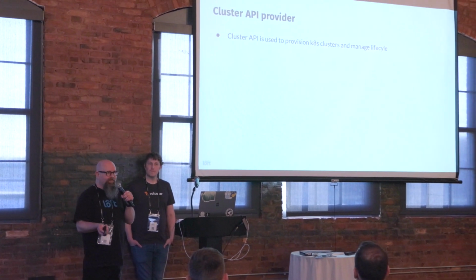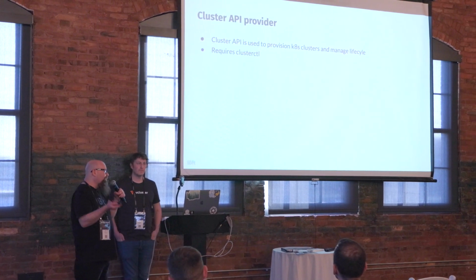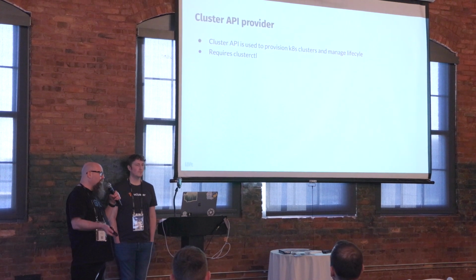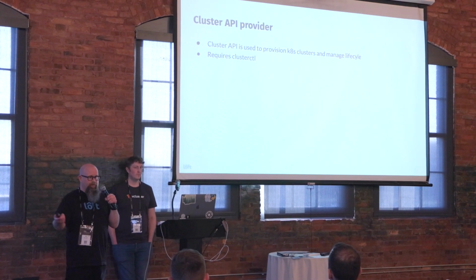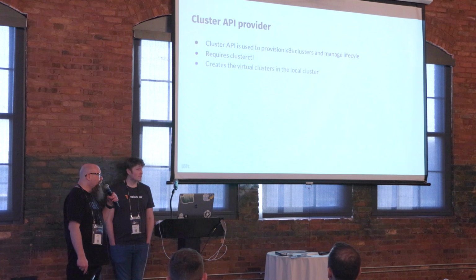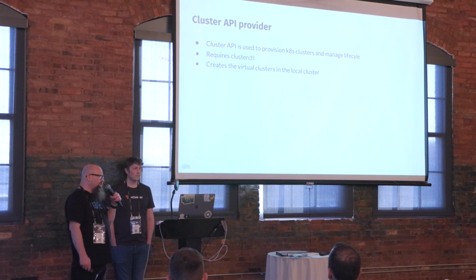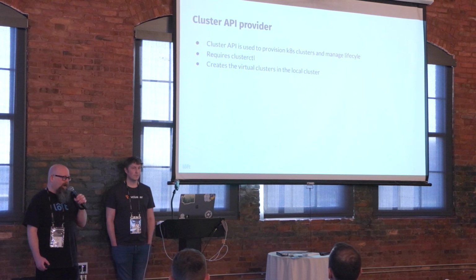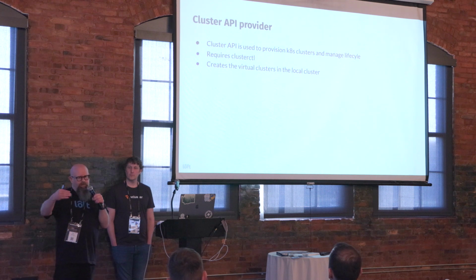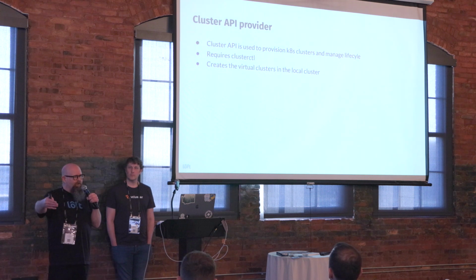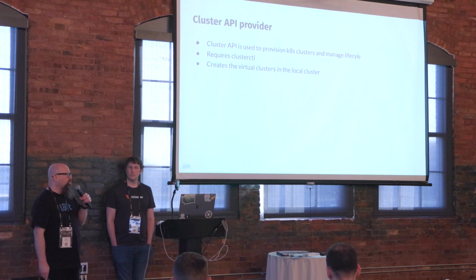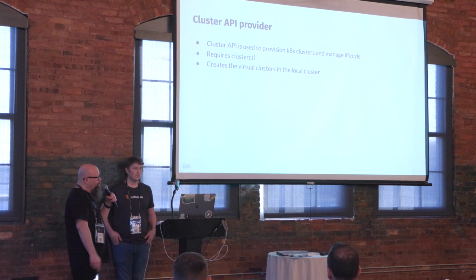The Cluster API provider, if you are not familiar with Cluster API, is used to provision Kubernetes clusters and manage their lifecycle. To use the provider, you need the clusterctl CLI that comes with Cluster API itself. And it creates the virtual clusters in the local cluster. What I mean by that is the cluster that you are sending the clusterctl commands to is where the virtual clusters will get created.